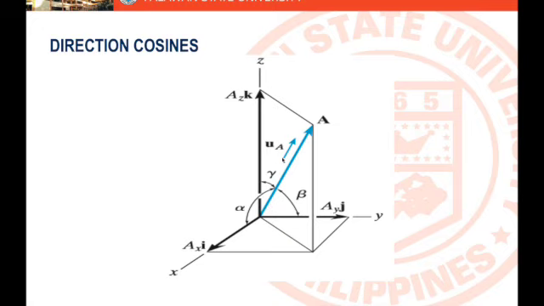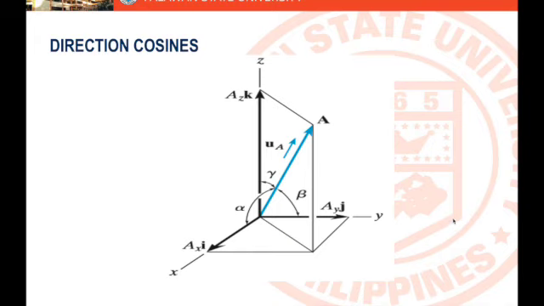So notice here, we have a vector u sub a. Did you see that? So this u sub a would be a unit vector. Okay, this is the unit vector denoting the direction of our vector a. So if you have i for x, j for y, k for the z-axis, you have u sub a for the direction of our vector a.